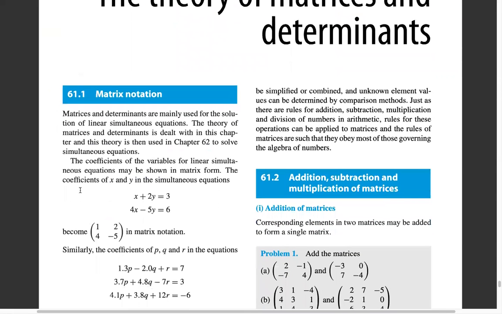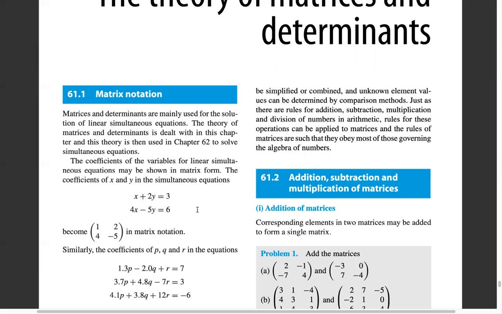So mainly we use matrices to solve linear simultaneous equations. This is a linear simultaneous equation. First of all, it's a simultaneous equation because we have more than one unknown. We need to find 2 things, x and y. We don't know what x is, we don't know what y is, but whatever values x and y have, they satisfy these equations, right?